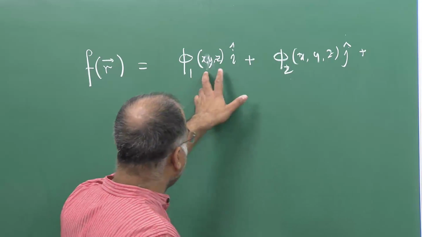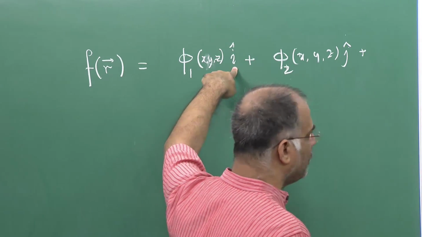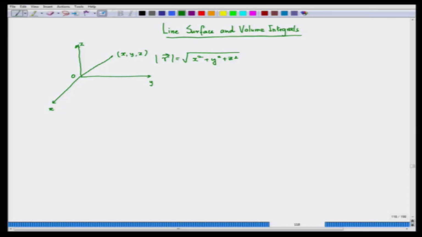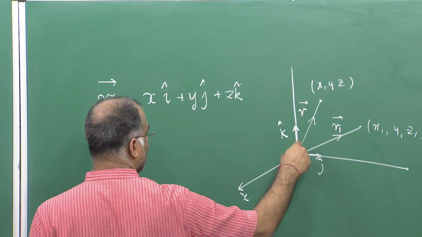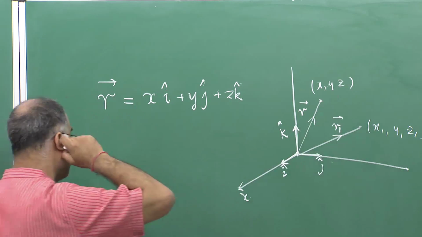If you look at the vectorial part, this is nothing but a scalar composition of a vector. You can always write a vector in this form, because the length of this would be exactly the square root of x square plus y square plus z square.